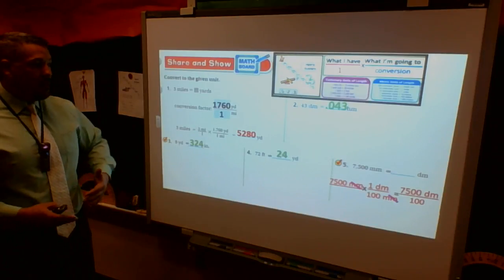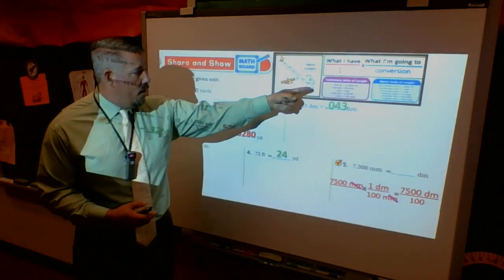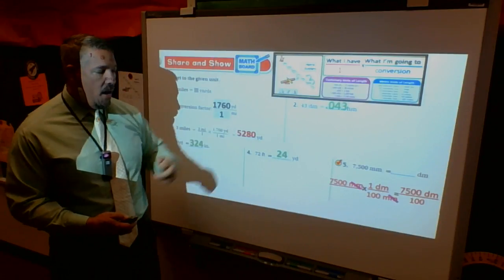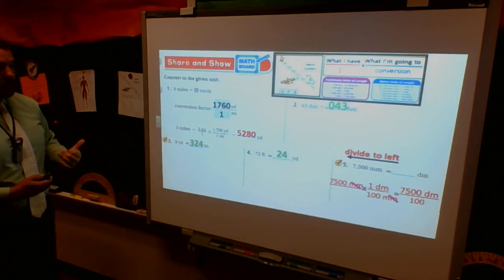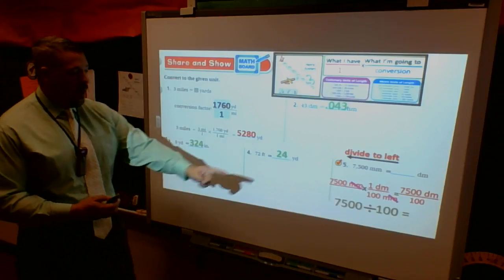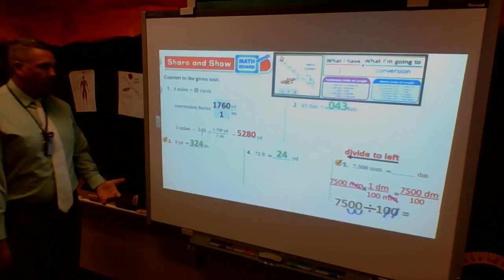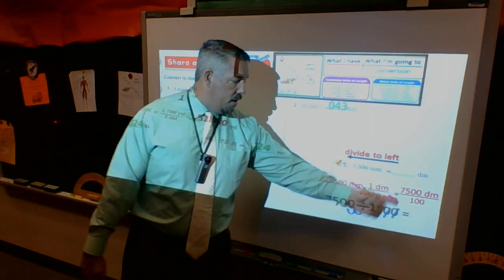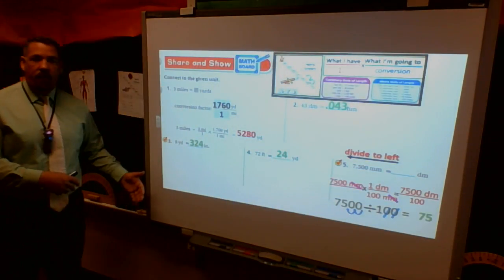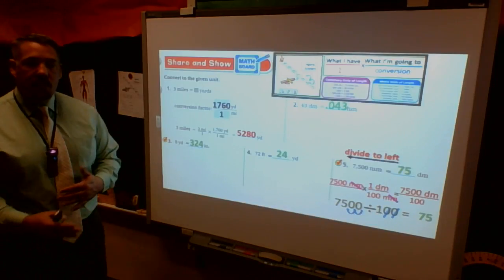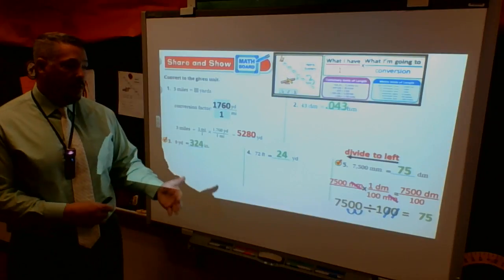Or if I simply take my 7,500 and move the decimal 2 times to the left, because I'm going up 2 steps, either way, either by moving the decimal or dividing this out, I'm going to get that it is 75 decimeters. So 7,500 millimeters is the same as having 75 decimeters.